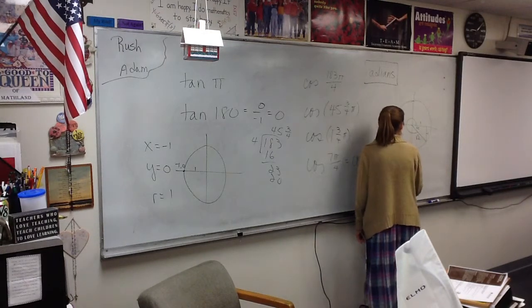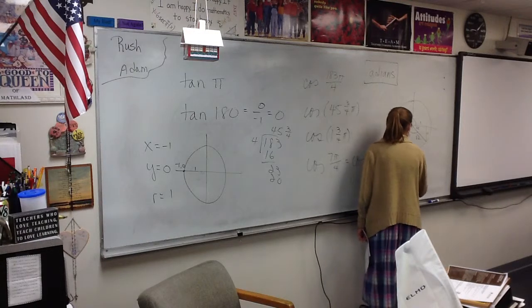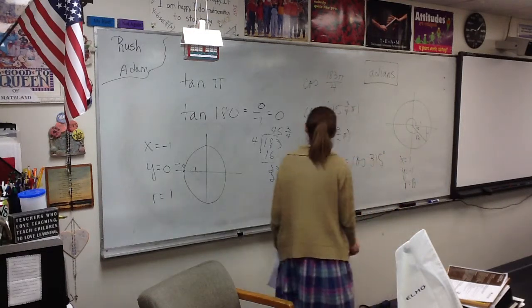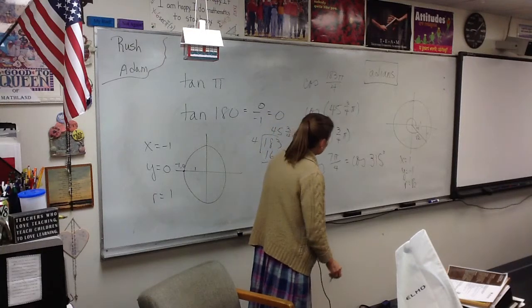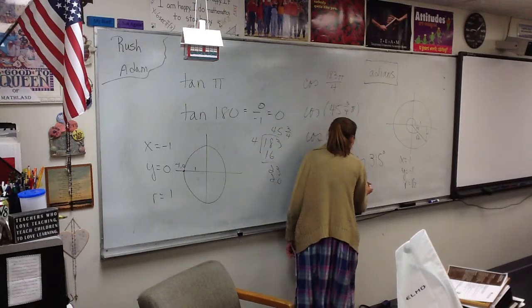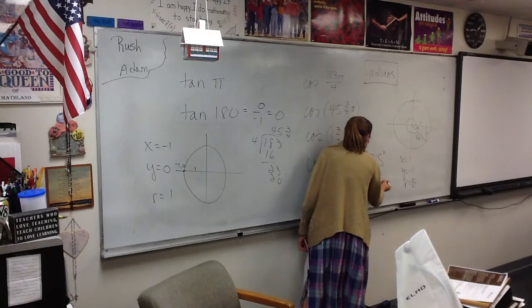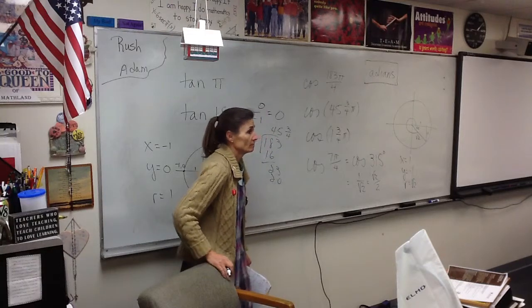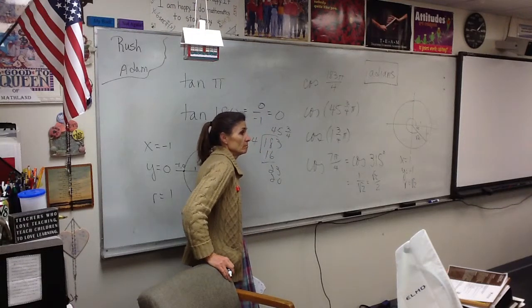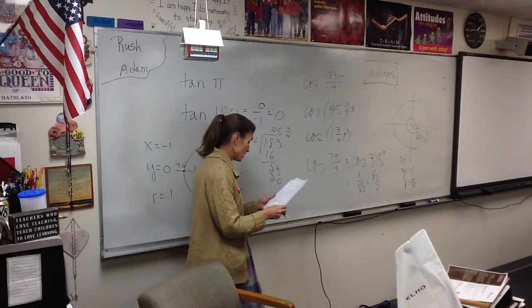So x is 1, y is negative 1, and r is root 2. And what was I looking for? Cosine? Cosine is 1 over root 2 or root 2 over 2. Does that look okay to everybody? Good. Very good.